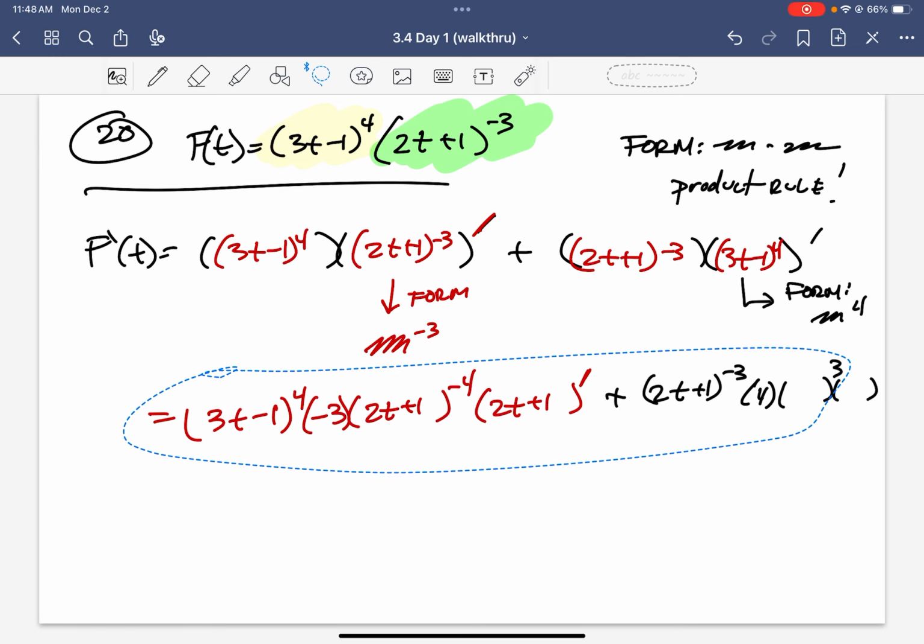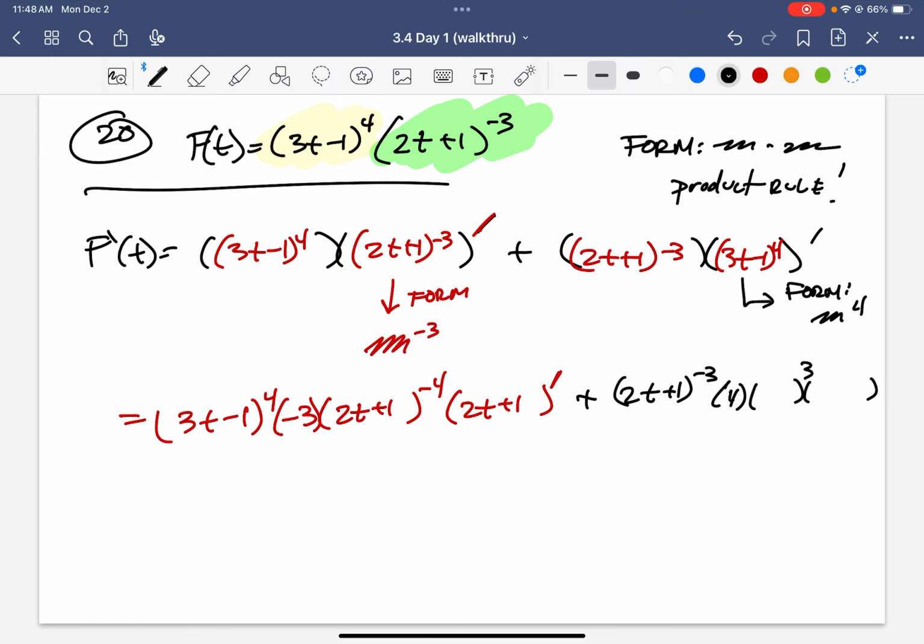So let me do that over just a little bit. So there's going to be a 3t minus 1 in here, then times the derivative of that 3t minus 1. So I know the derivative of this thing is just 2.